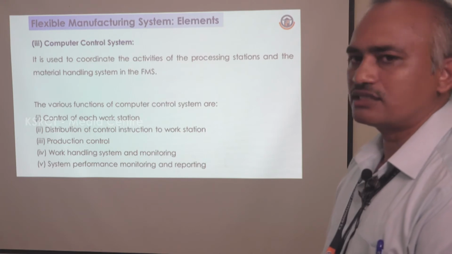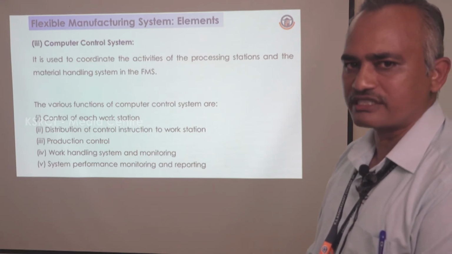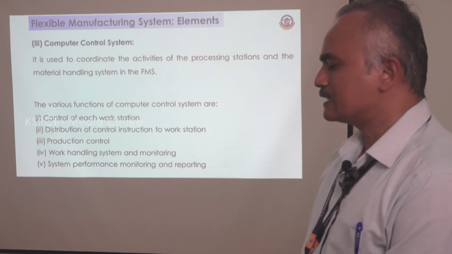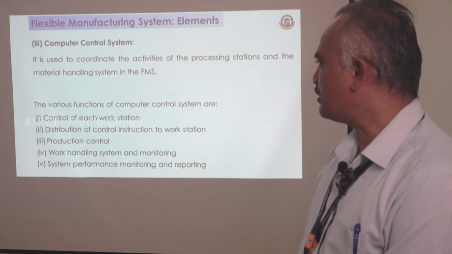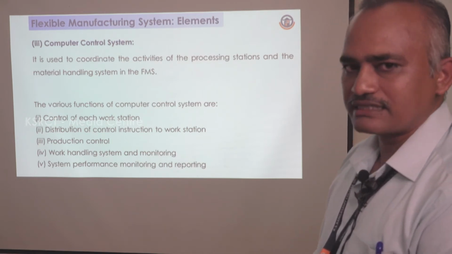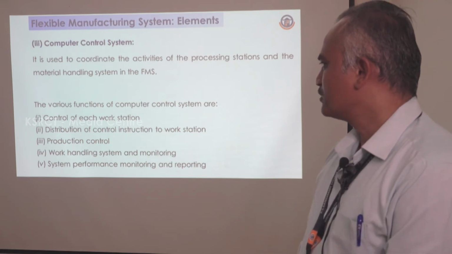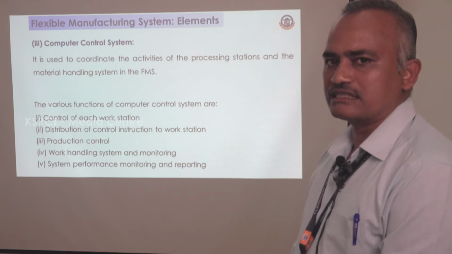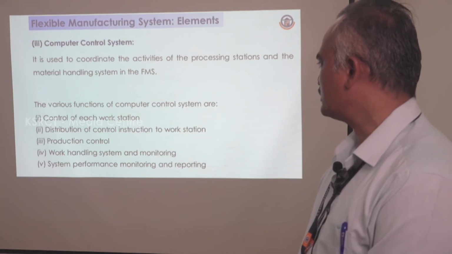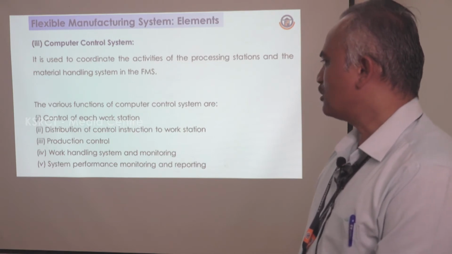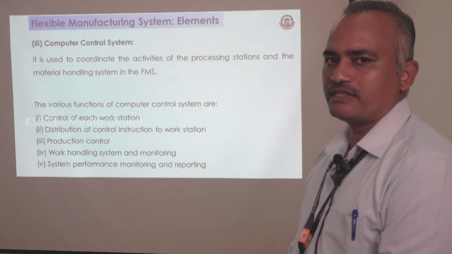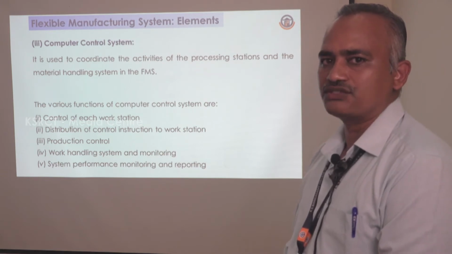The third component of FMS is the computer control system, which coordinates all the activities of the processing stations and the material handling system. The main functions of this computer control system are control of each workstation, whether it is a CNC machine, washing station, or assembly section.